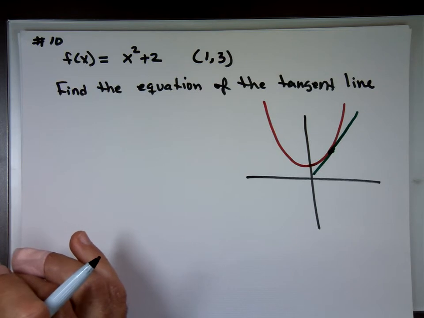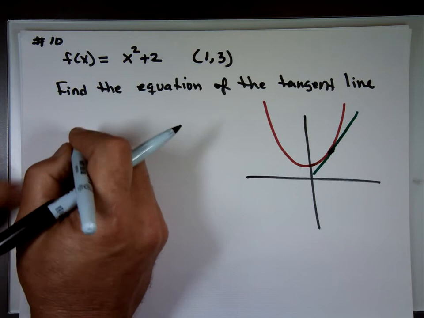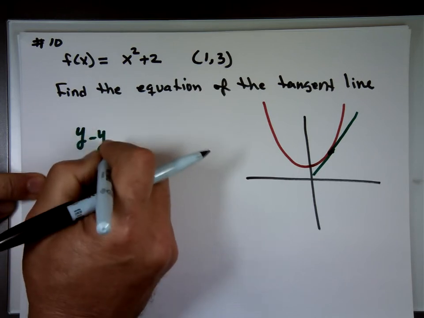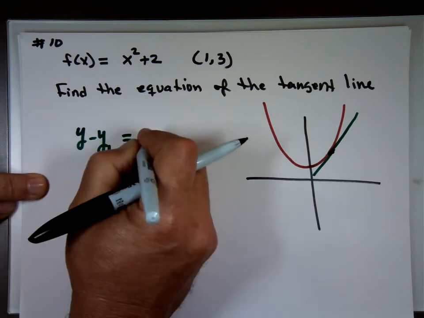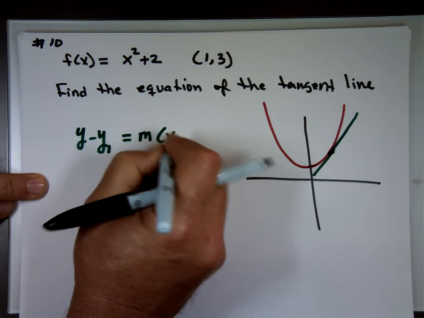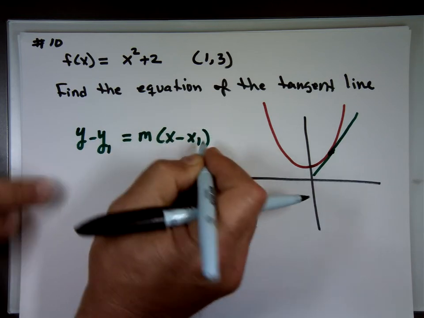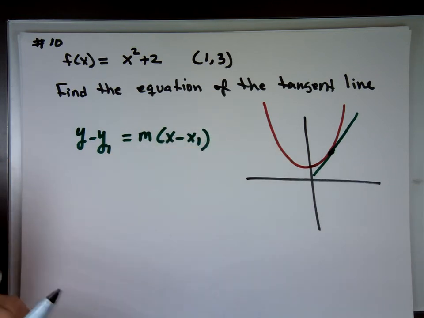To find the equation of a straight line, we use y minus y sub 1 from chapter 1 equals the slope m times x minus x sub 1. Remember that from chapter 1? Section 1.1, 1.2, find the equation of the line. So that's what we have to use.